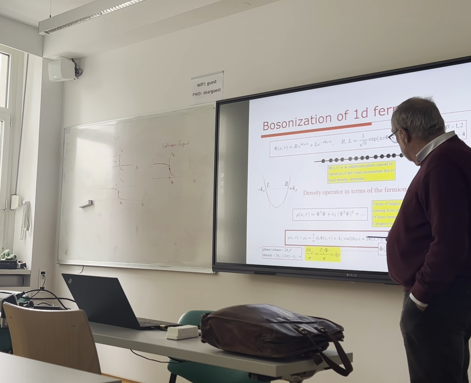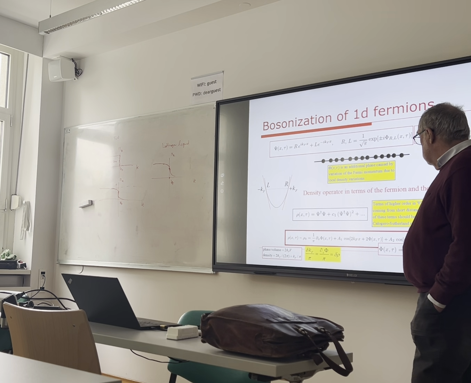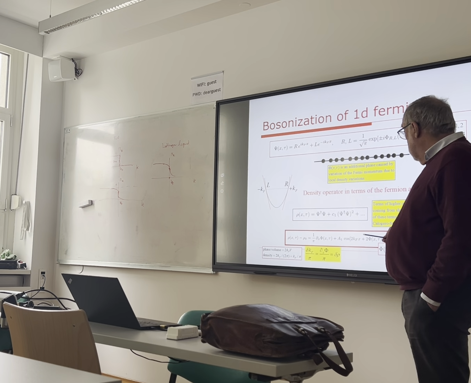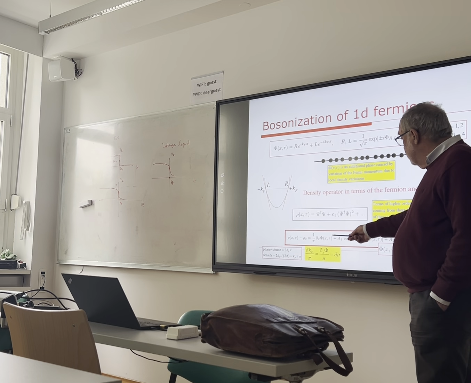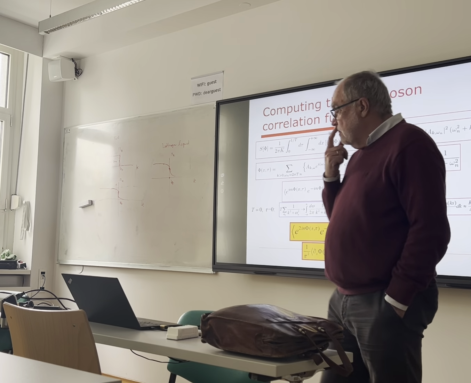These correlations appear because this is a field that is evolving as a free bosonic field. And so I need to have two types of different correlation functions. And now I'm going to compute them.